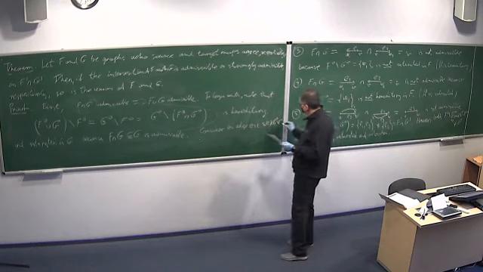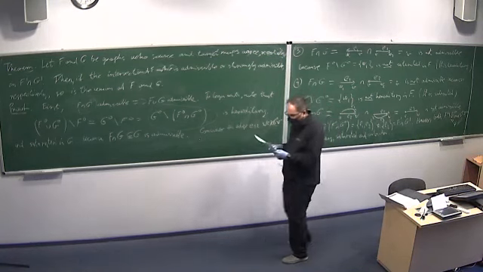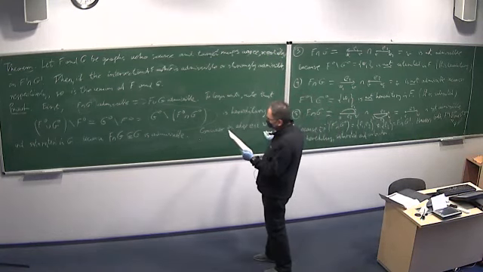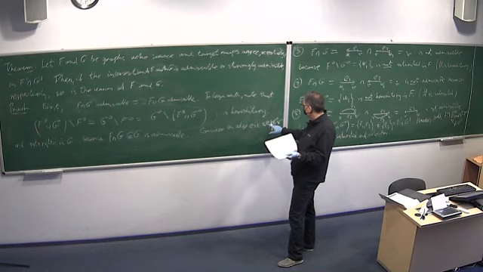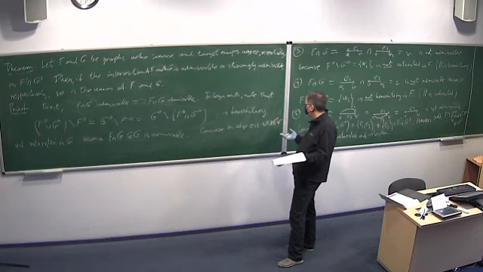But then we know that this is not in F naught, and it follows that E must be in G1, right? Because E can be either in G1 or in F1, that's the definition of a union graph.